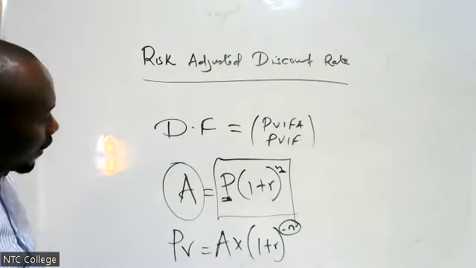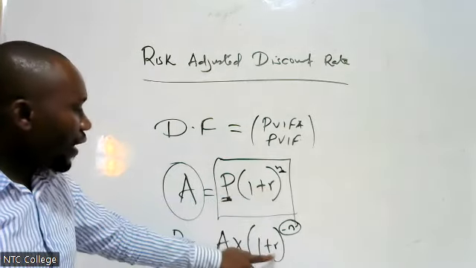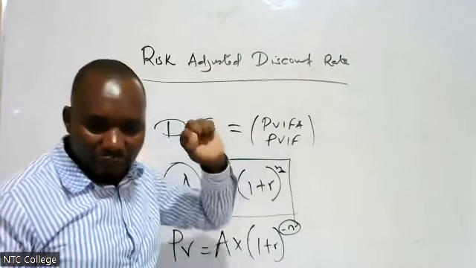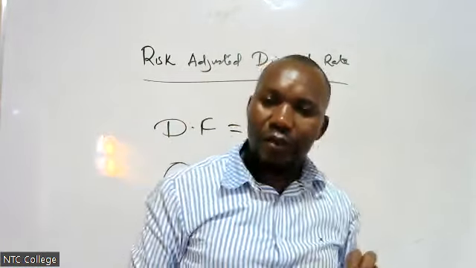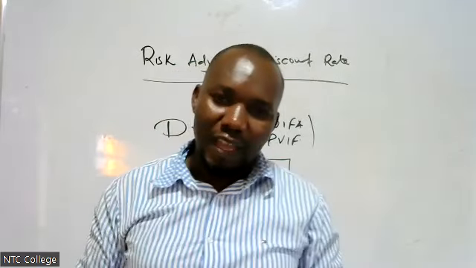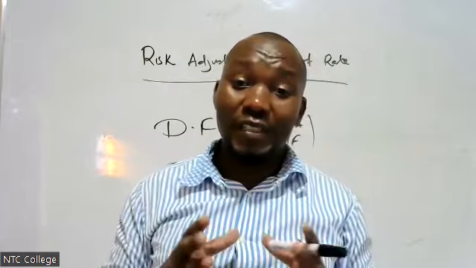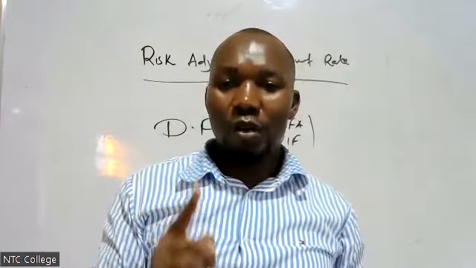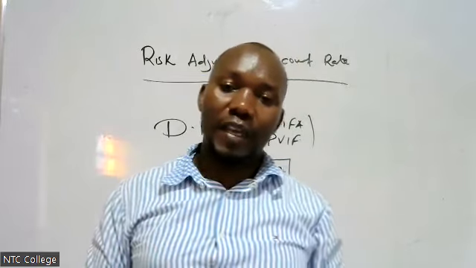Now, the rate that we're using here is what we call the discounting rate. That rate could be the rate of return on investment. That rate can be the interest rate. I said at the beginning that whatever is an income to you can be a cost to someone else.